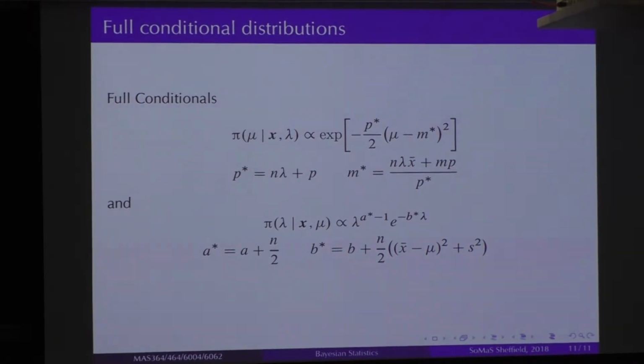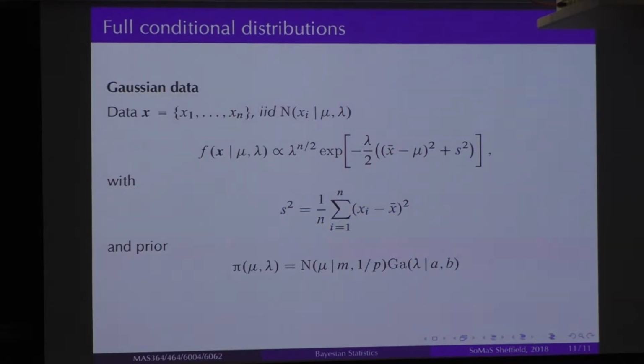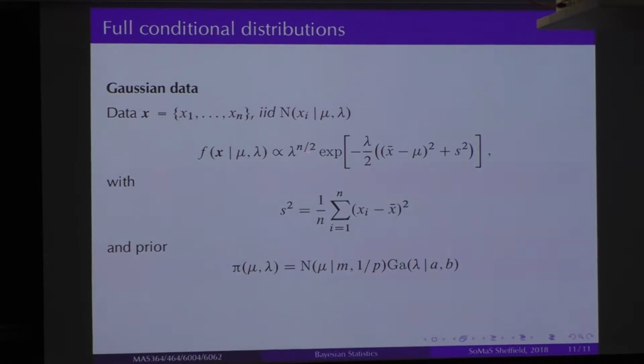If we want to do that, we need to come up with or calculate or write down the full conditional distributions. Full conditional distributions are found by looking at the joint unscaled posterior, so the product of this likelihood and these two priors, and then considering that product as a function of each parameter at a time. Okay?